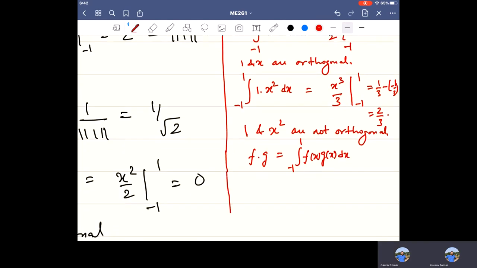If we define it slightly differently, for example from -1 to 1, we can use a weight function. We can say f(x) into g(x) into some other function w(x), which is uniform for all the functions that you will choose.